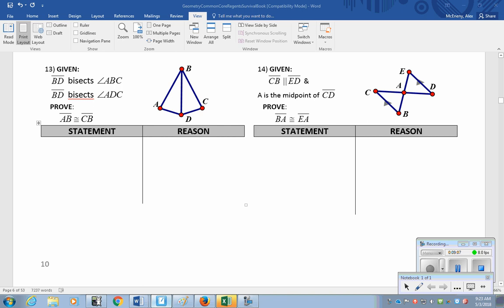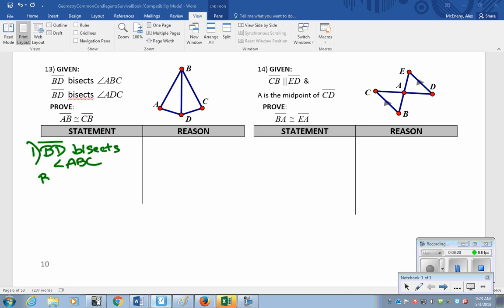For this one, you start by writing your givens. So 13, BD bisects angle ABC, and BD bisects angle ADC.